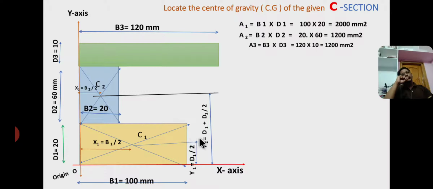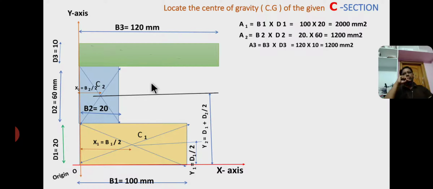Here the value of y2 equals the sum of the height of the bottom rectangle plus half of the height of the second rectangle. Therefore, from here to here d1 plus from here to here half of the second rectangle, therefore d1 plus d2 by 2. So y2 equals d1 plus d2 by 2, and x2 equals, from here to here, half of the base of the second rectangle, that is b2 by 2.